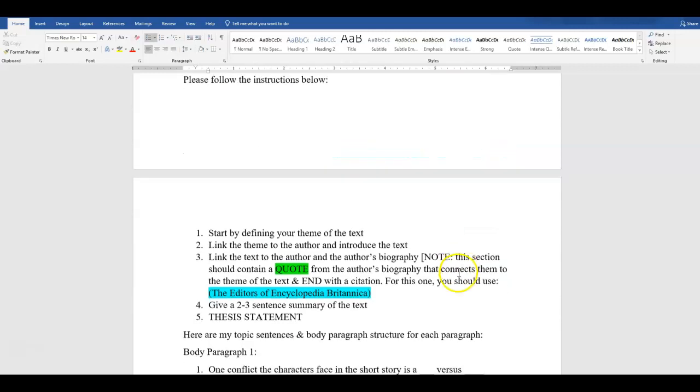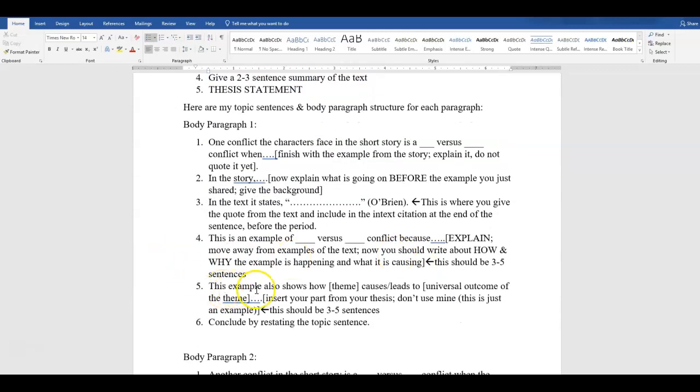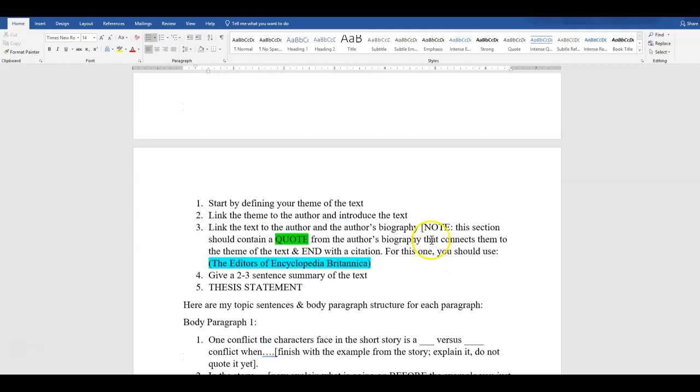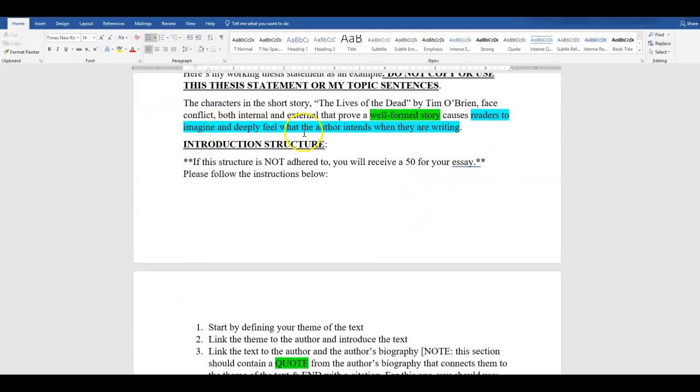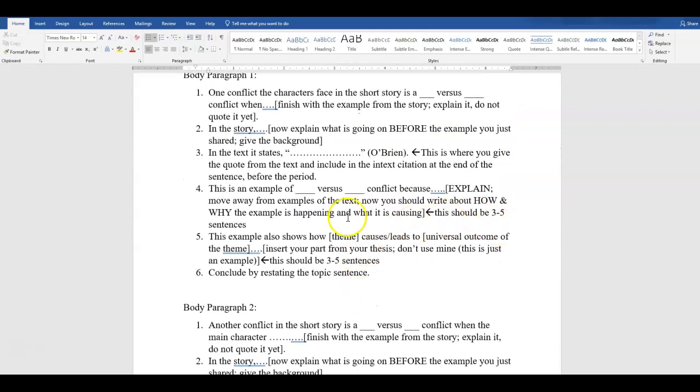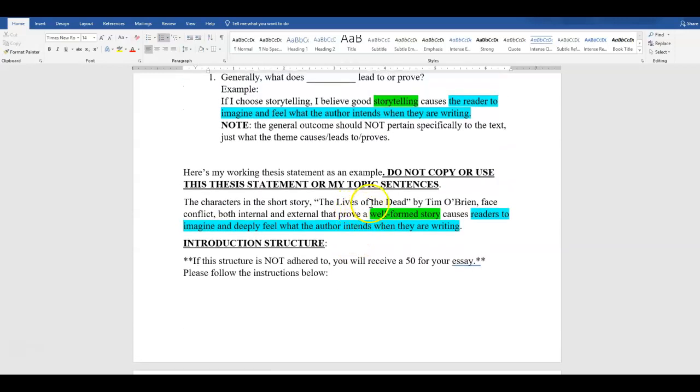That means that in number 5, this example also shows how storytelling, a well-formed story, leads to readers imagining and deeply feeling what the author intends when they are writing, because now I'm going to prove in number 5, in 3 to 5 sentences, how this example that I use in number 3 is an example of storytelling and how it makes the reader imagine and feel what the author intends.